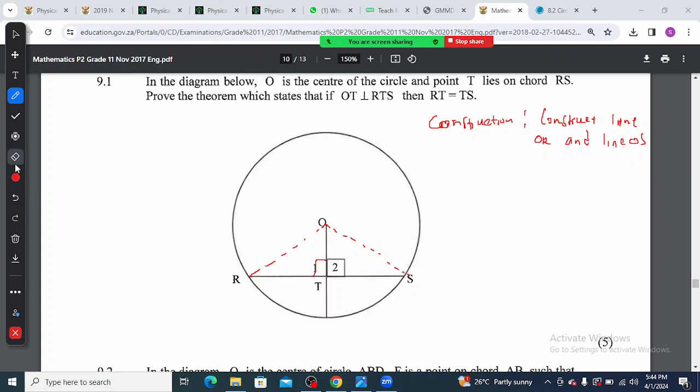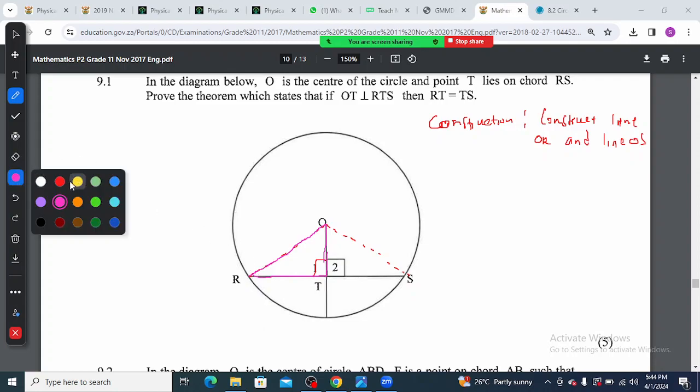We have two triangles: the first triangle would be this triangle, and the second one, obviously, will be that triangle.